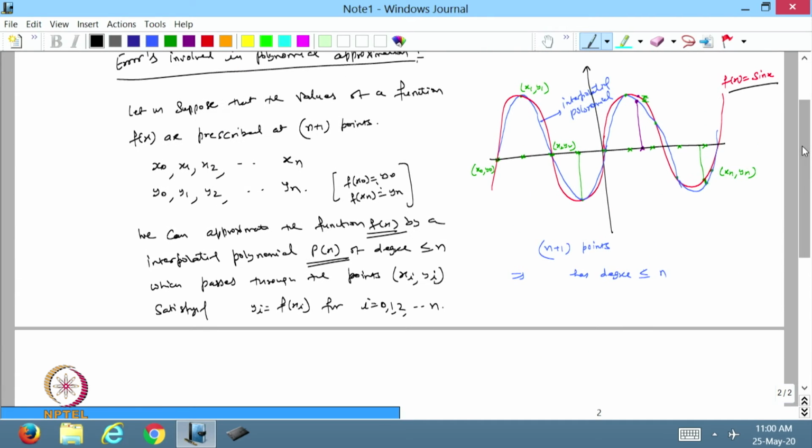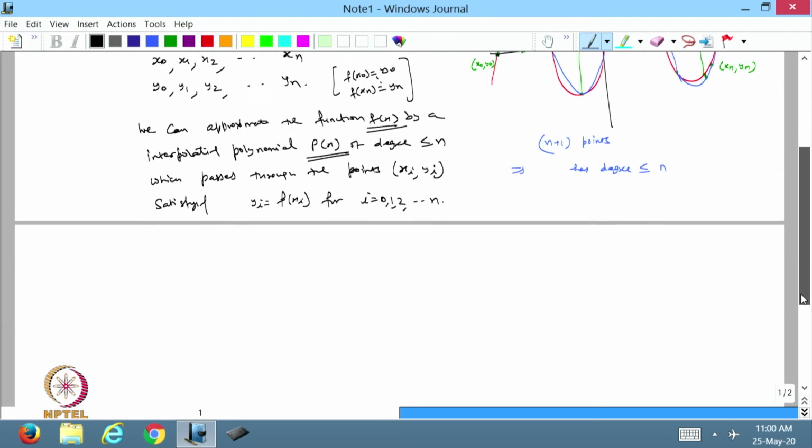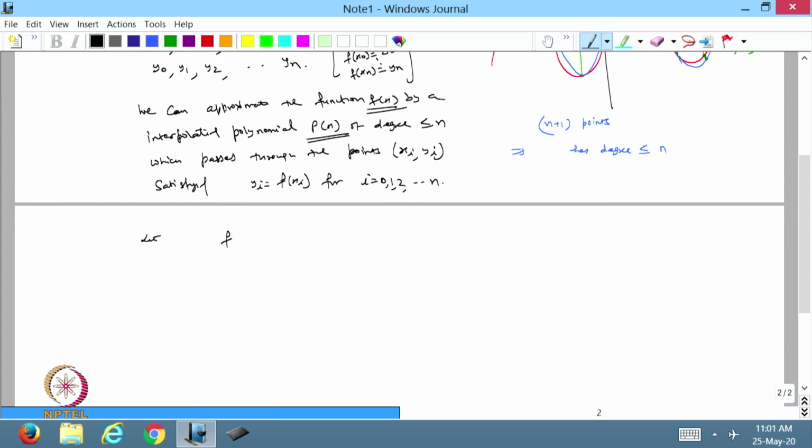And from here you can also see that at these nodal points whatever are given to me, the function and the interpolating polynomial are coinciding. The only problem is to approximate the values in between these points. So, what I do is define the function. We can write the function f(x) as P(x) plus some error term.